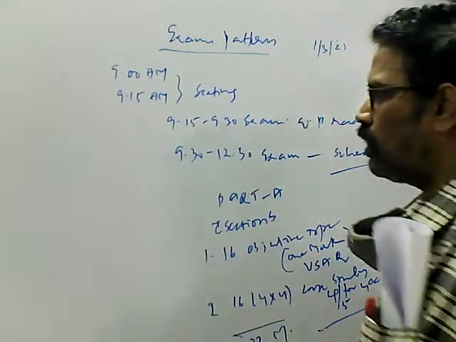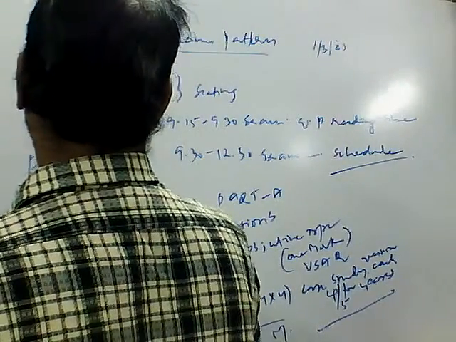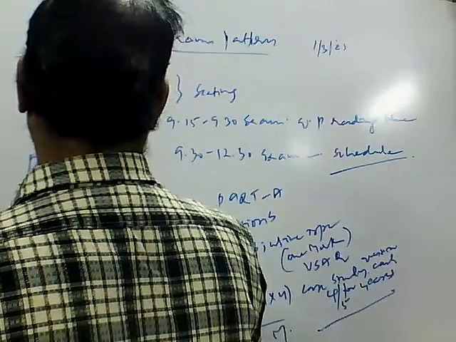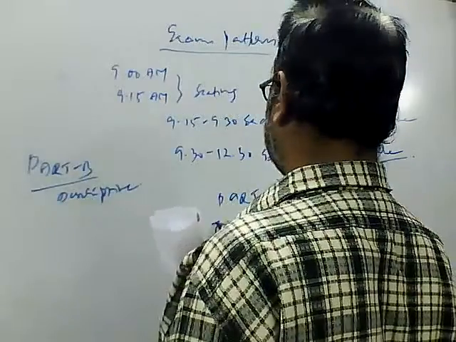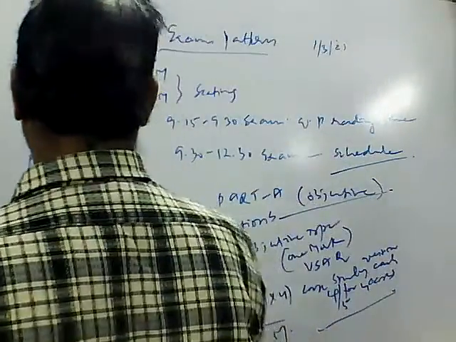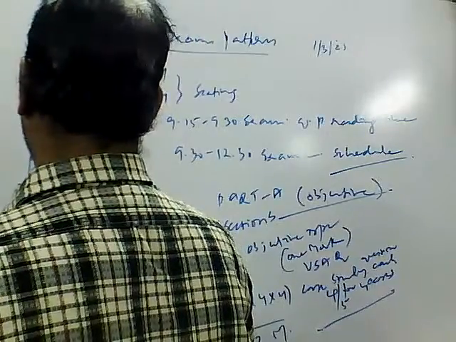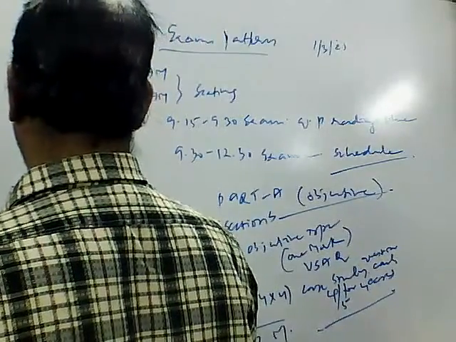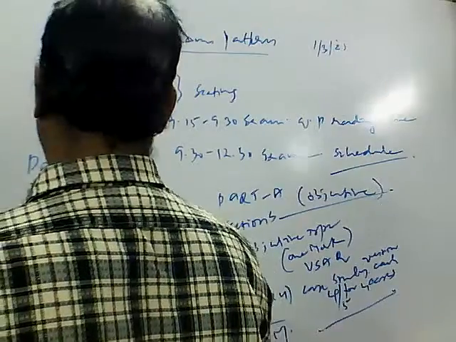And it comes to part B. This is descriptive. First one is objective. So objective only has 2 sections, and here descriptive also has 3 sections. Short answer questions, 2 marks each, 2 into 6, 12 marks.